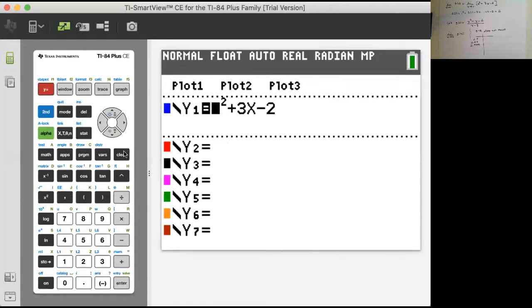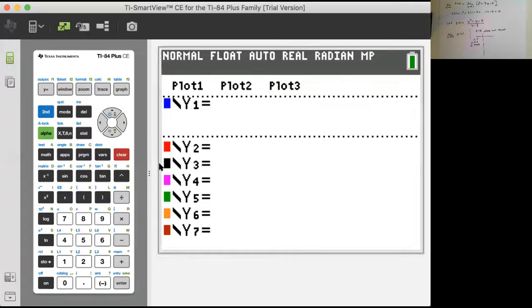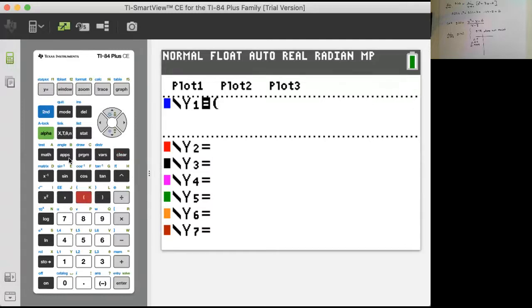So I'm going to clear that one out. I'm going to put the new one in, parentheses x squared minus x minus 6, divided by parentheses x minus 3. And I told you that that's our g of x, but also y1 according to the graphing calculator.